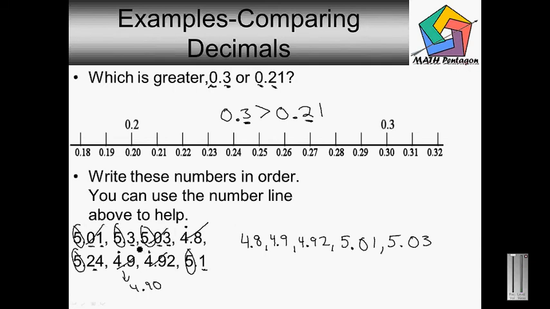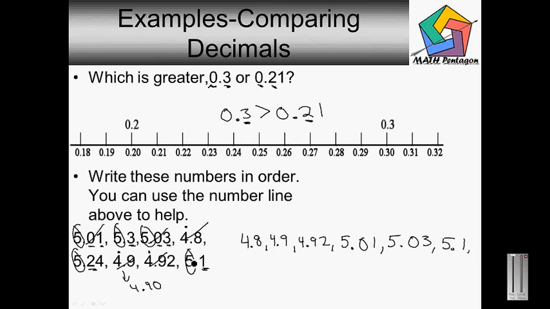And then the next ones we have 5.3, 5.24, and 5.1. That's all we have left. And the next, we look at the tens place, the 2, the 3 is in the tens place, and the 1 is in the tens place. Okay, what's the lowest? It would be 5.1.